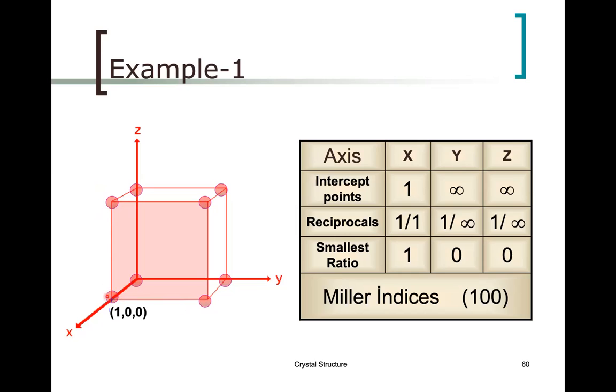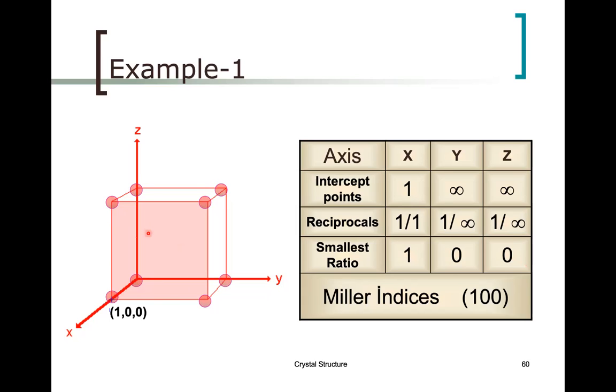So this is the 1, 0, 0 plane, because it intercepts the x-axis at 1 and never intercepts the y-axis because it keeps going in this direction. The intercept point with the y-axis is all the way at infinity. The same for the z-axis. Then you take the reciprocal: 1 over 1 is 1, 1 over infinity is 0, 1 over infinity is 0. So you get the 1, 0, 0 Miller index, this portion of the cube right here.